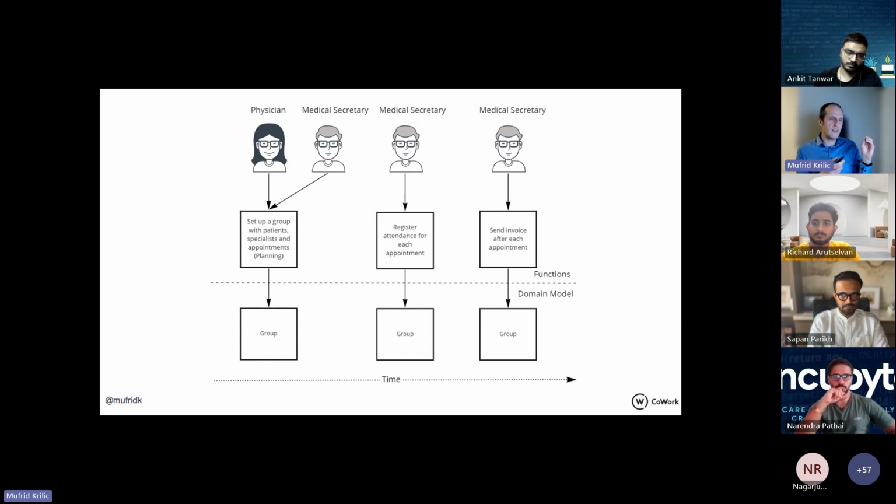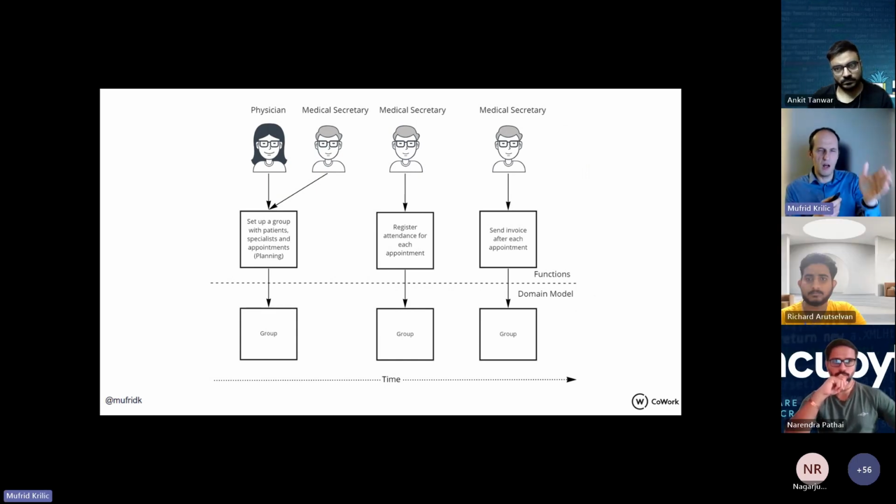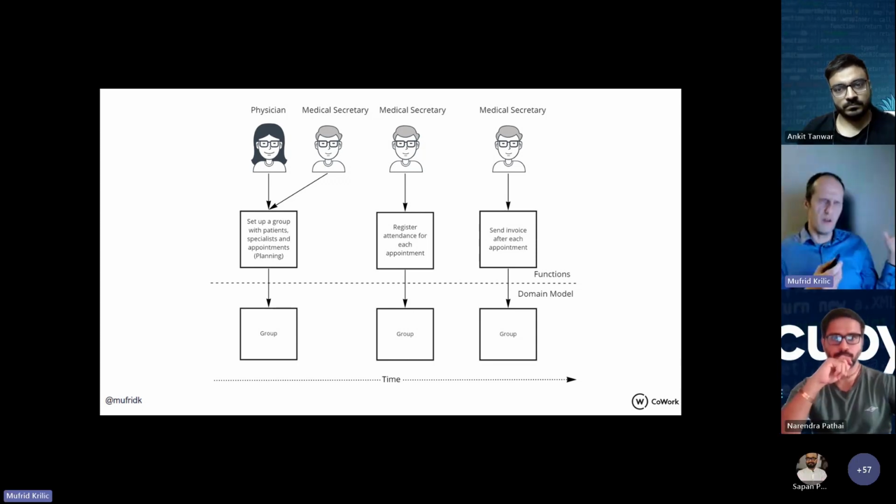So now we have incentive to split along the user context. Functional decomposition didn't give us any incentives. Role-based decomposition gave us incentive to split along the roles involved. Time and role-based decomposition gives us incentive to split along the time axis, respecting the roles involved.